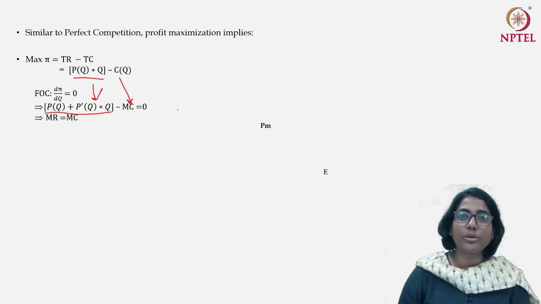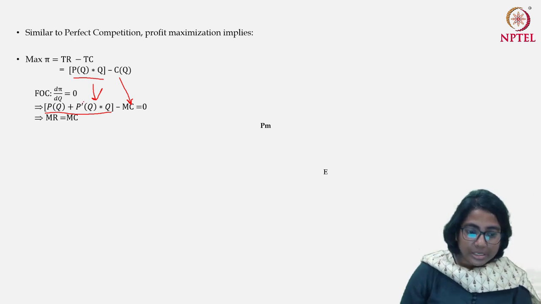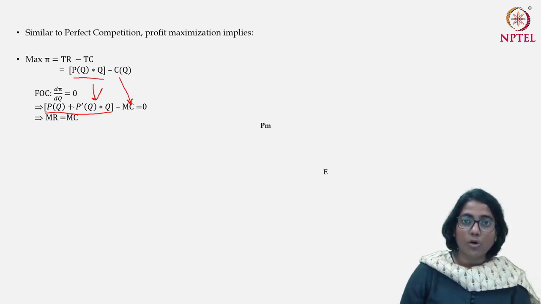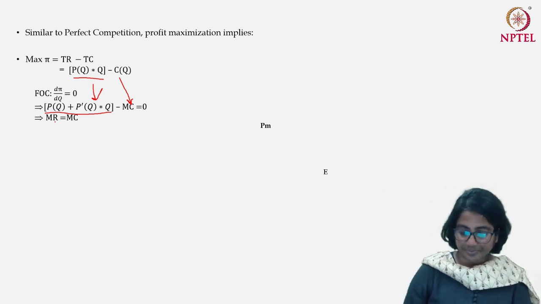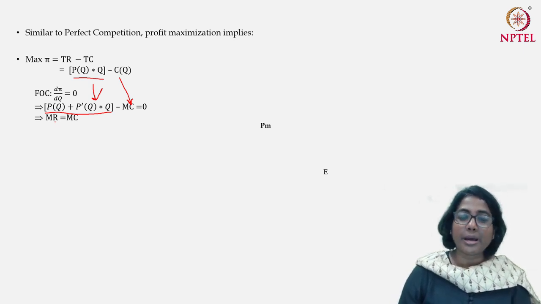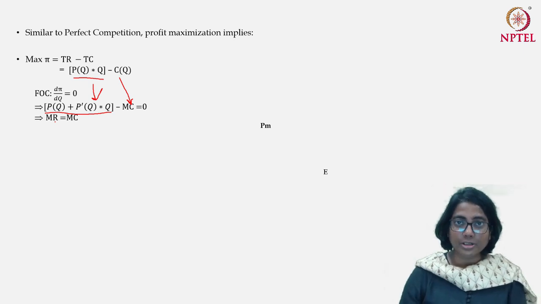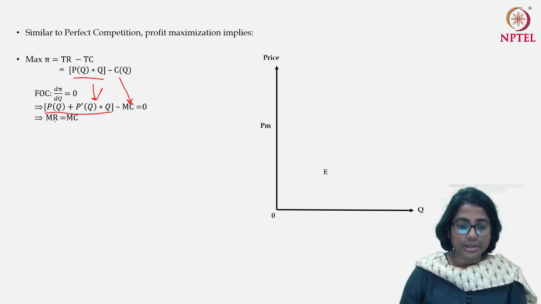The marginal revenue is now being defined in a different manner. This component, P'(Q) multiplied by Q, was not there in the marginal revenue that we calculated for the perfectly competitive market. For perfect competition, MR is always equal to P because that was determined by the market.